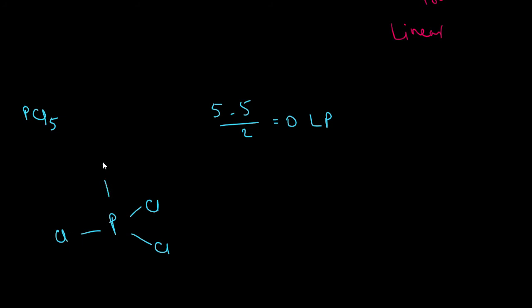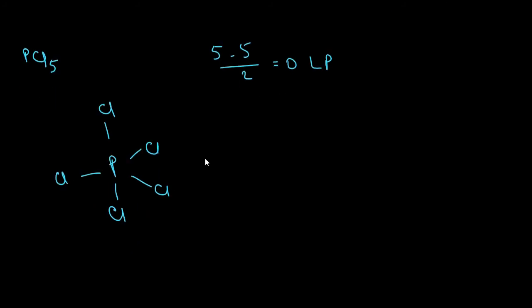Another common compound that you might see is going to be PCl5. For PCl5, phosphorus is in group 5. It forms 5 bonds, so no lone pairs. So I know that for 5 bonds, you are going to have the shape called trigonal bipyramidal, according to the valence shell electron pair repulsion theory.